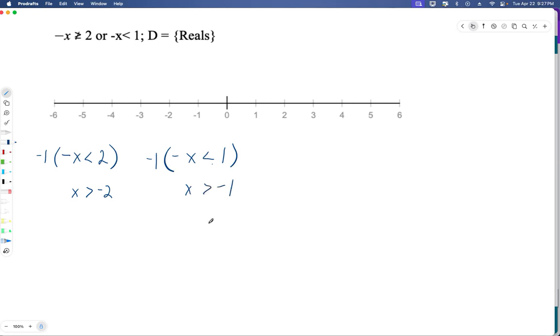So I don't see how we can graph this. So if x is greater than negative 2 and x is greater than negative 1, this is going to be an OR statement. So x is greater than negative 2 or x is greater than negative 1.